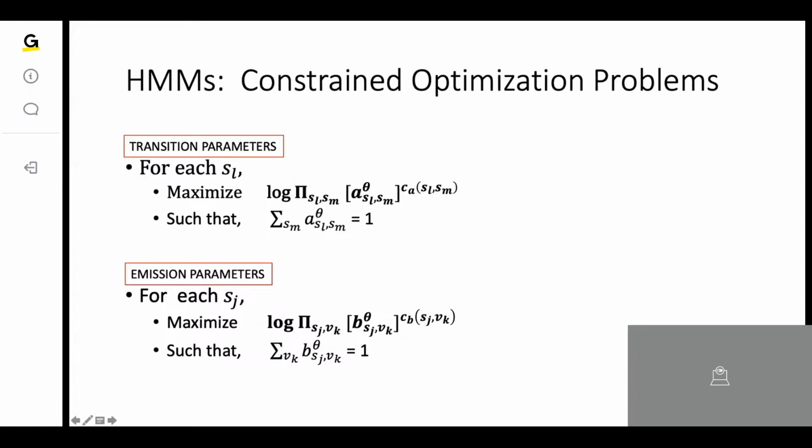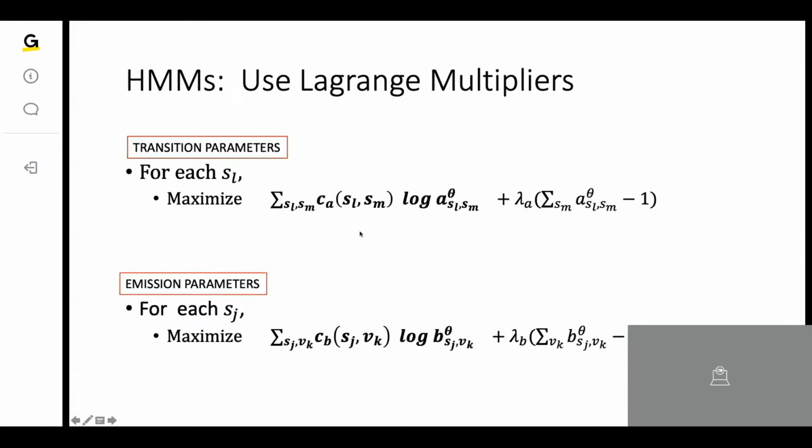These are solved using Lagrange multipliers. We introduce a Lagrange variable and try to maximize this objective function for transition parameters, and the corresponding expression for the emission parameters is this one. The parameters of the A's and B's can be obtained by differentiating these objective functions and equating them to 0.